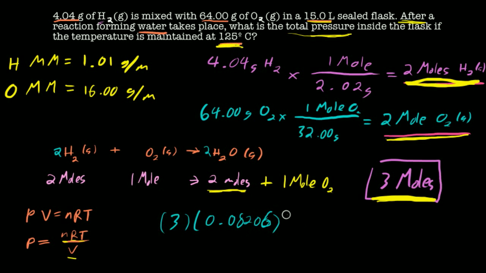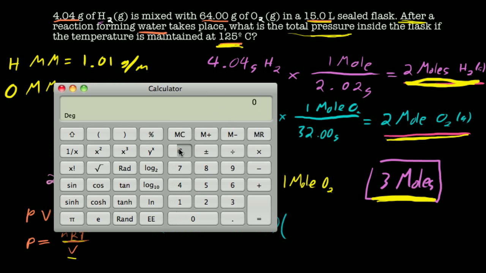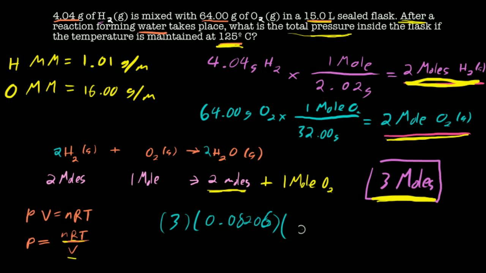Then we have 125 degrees Celsius, which we have to convert to Kelvin. I'm going to get my calculator to do that. So we have 125 plus 273, and that's going to give us 398 Kelvin.